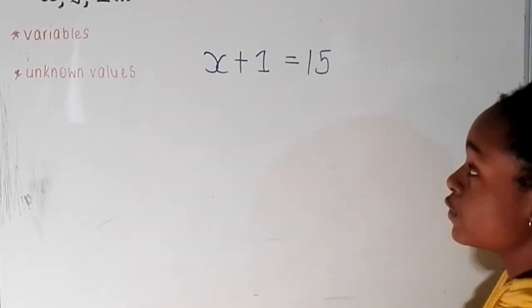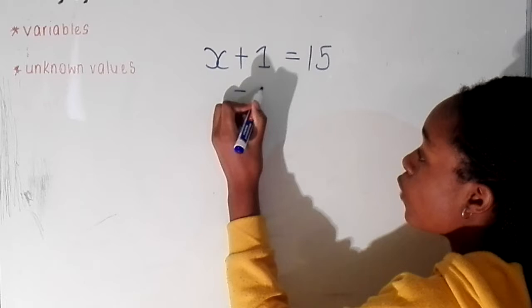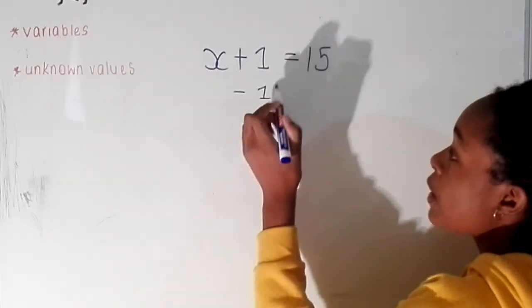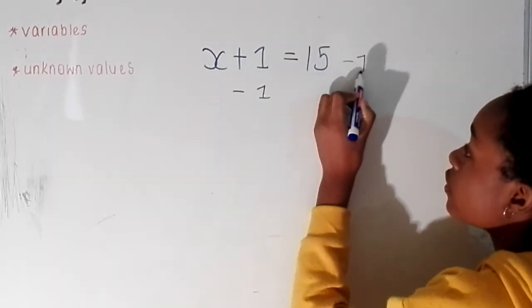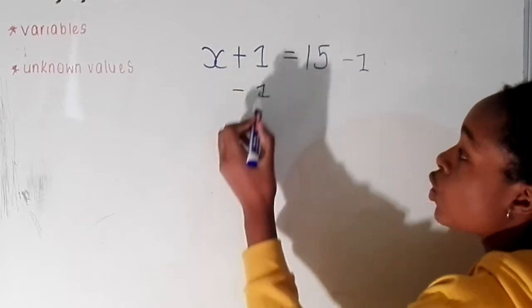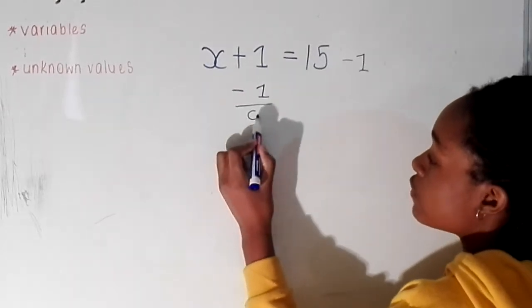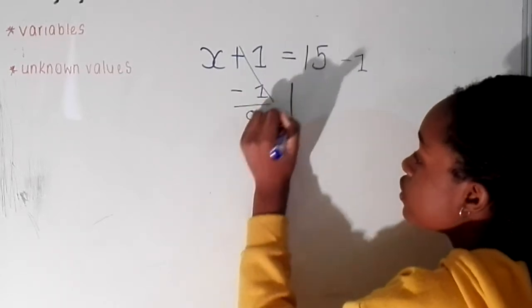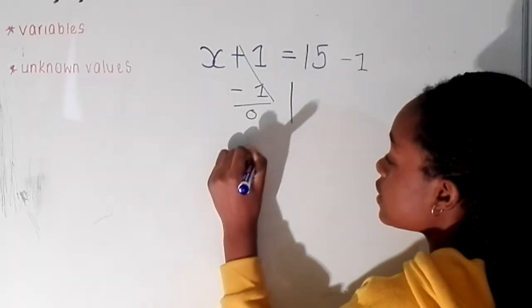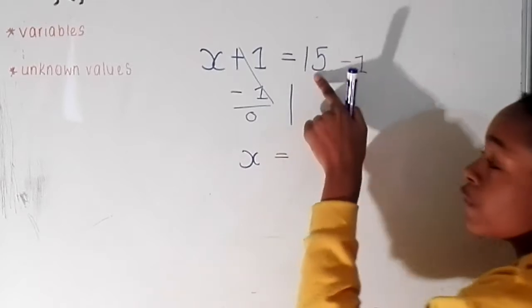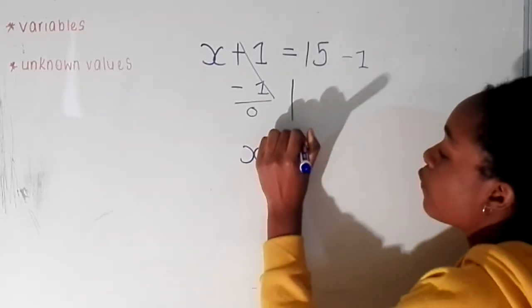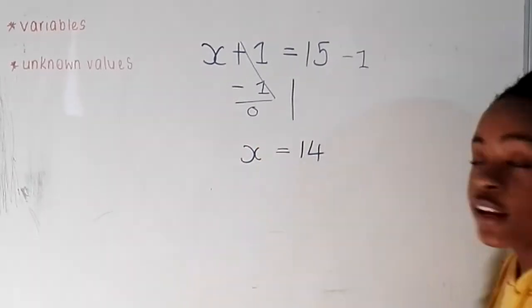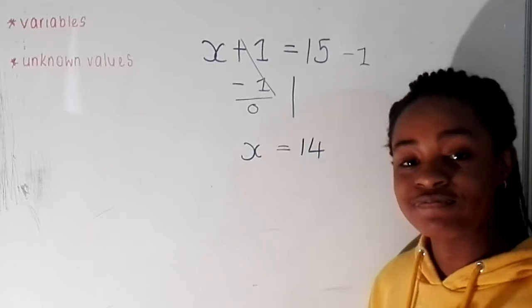In order for me to do this, I need to subtract 1 on both sides because the opposite of plus is minus. 1 minus 1 gives me an answer of 0 and it cancels out. So if I bring this all down, I'll have x is equal to 15 minus 1 is 14. So the value of x is 14.